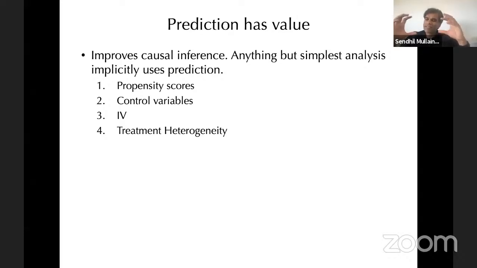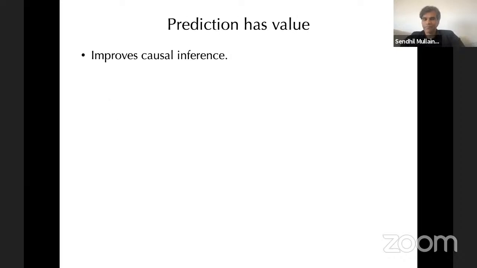But since you're trying to get tau of X, tau hat becomes an object that looks just like y hat. So once you understand you're trying to create these y hat-like variables, you'll see that a lot of things you already do fit this mold, even things firmly within the causal framework. And a lot of what you'll see today and tomorrow fits this kind of activity.